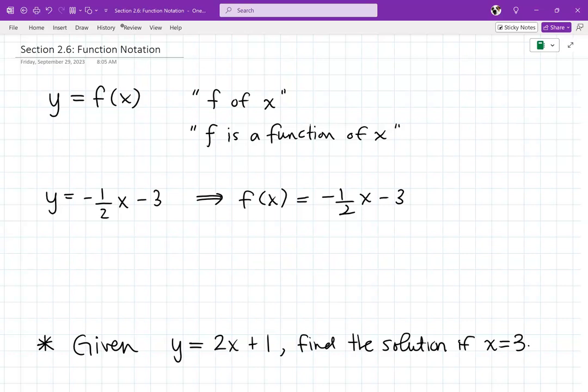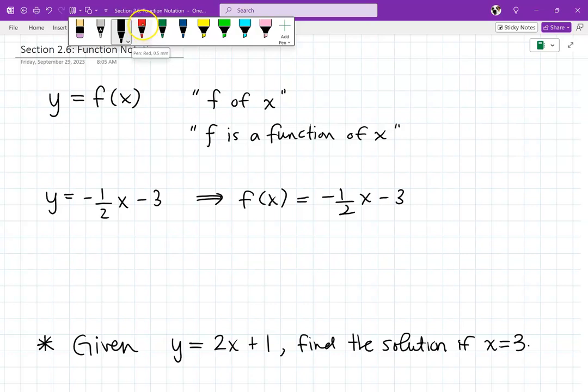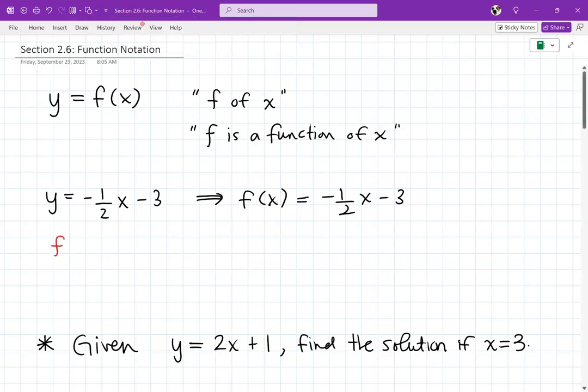Okay, now why do they make us do that? Well, because every once in a while we might say, what is f of 2? What is f of negative 3? If I write f of 2 using that function that I wrote up there, you notice how the x, instead of f of x, it became f of 2? That just means that x is going to be a 2 now.